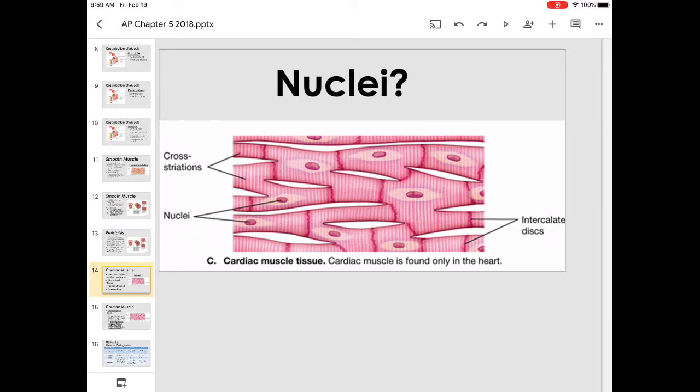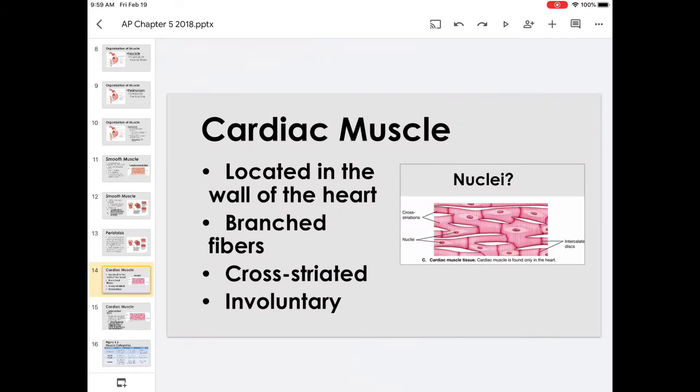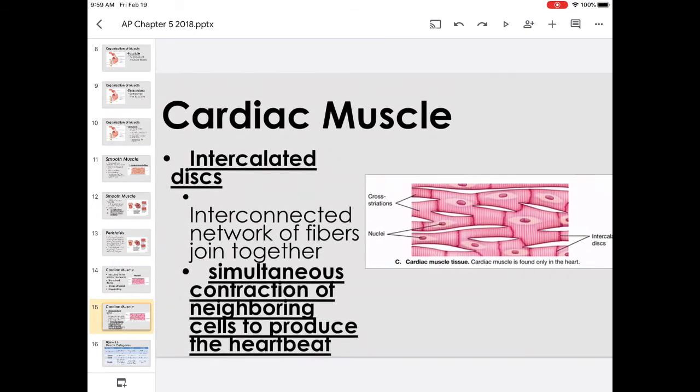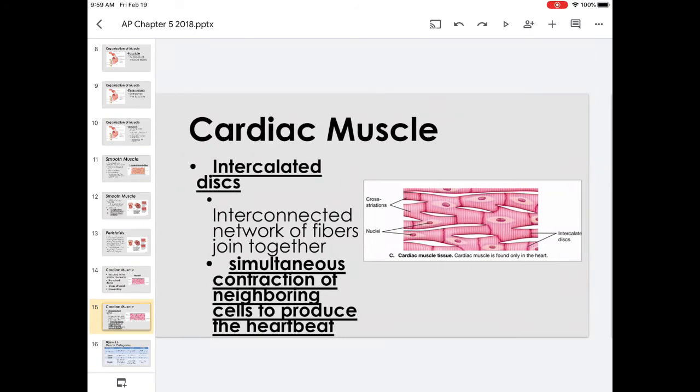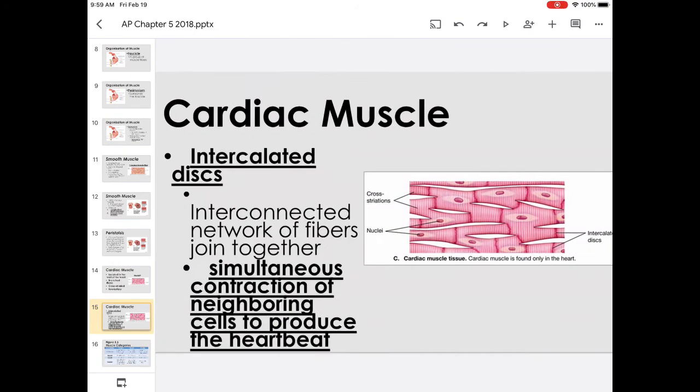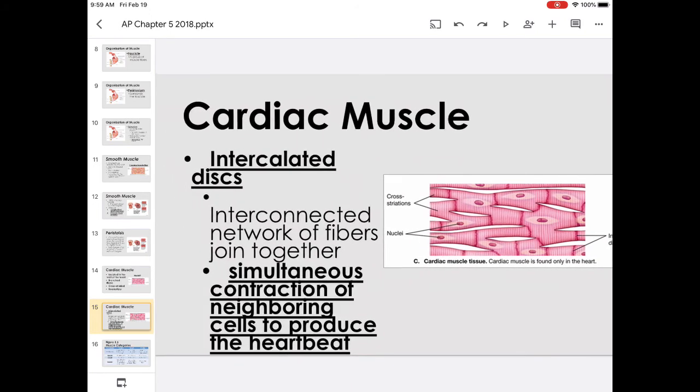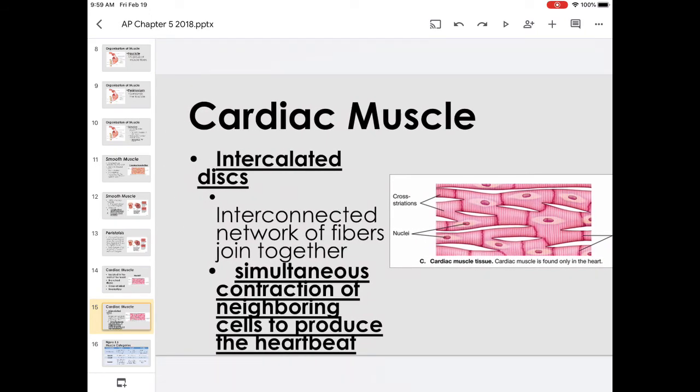So you can kind of see that there's little parts of your muscle that look like they're kind of merged together at specific areas. Those are your intercalated discs. You can probably see it here. And basically these are just the way that your fibers in your cardiac muscle connect together.